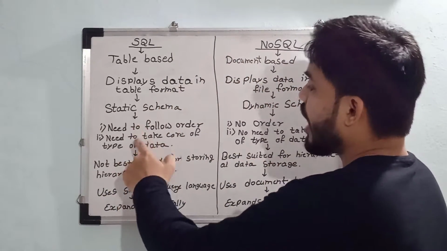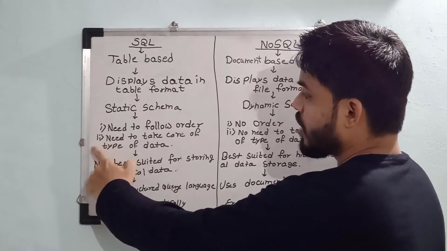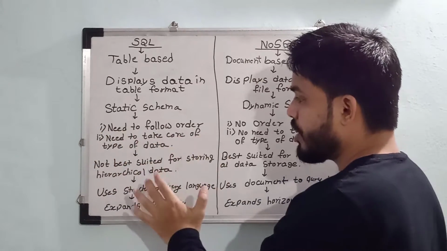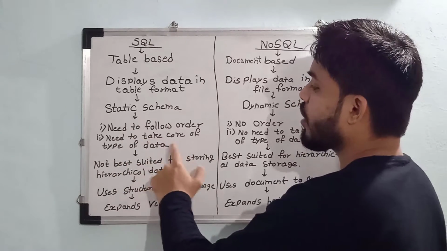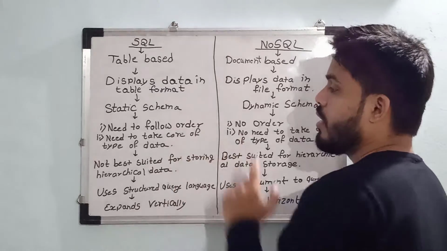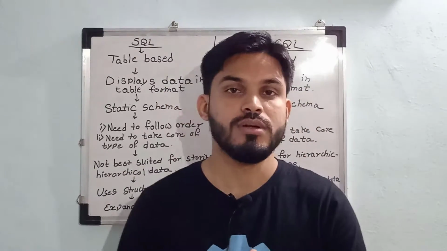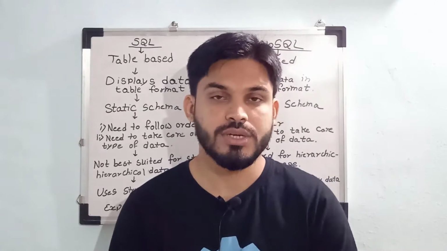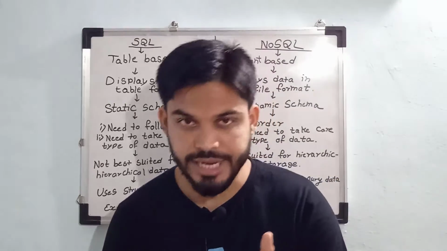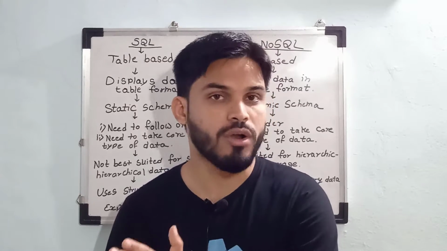Now while entering data into SQL database, we need to take care of 2 points. One is need to follow order, another one is need to take care of type of data. Let's understand. SQL is table based, hence while entering data into table, we need to follow the order of column.